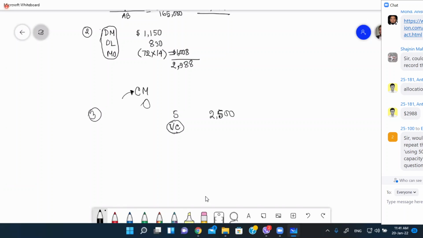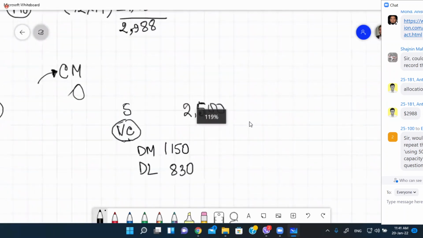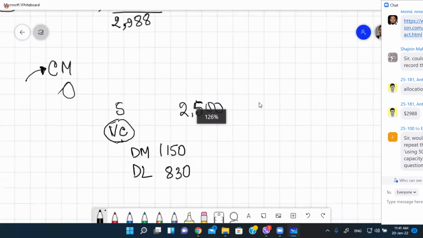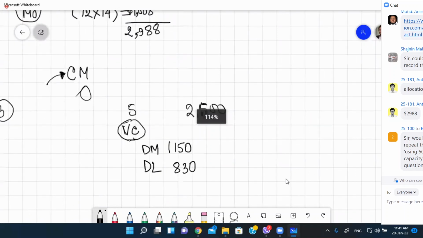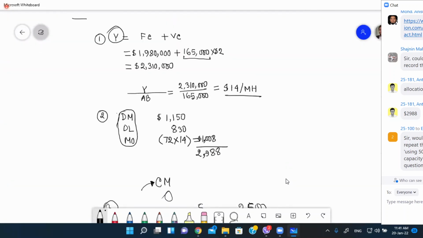So we know that direct materials is a variable cost. It is 1,150. And we also know that direct labor is a variable expense, 830. And out of the manufacturing overhead, the question is whether the total manufacturing overhead is variable, or whether there's a component which is fixed. So there's a component which is fixed. Let me circle it for you. This component is fixed.